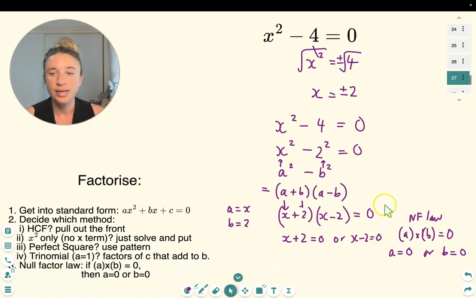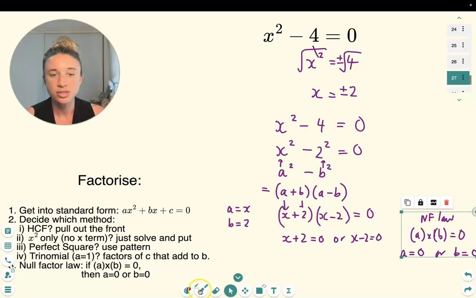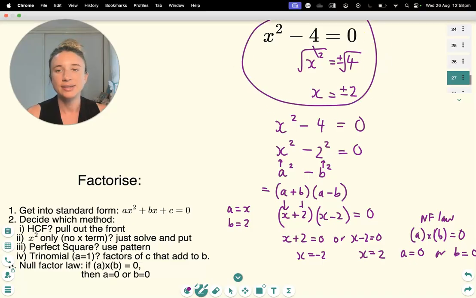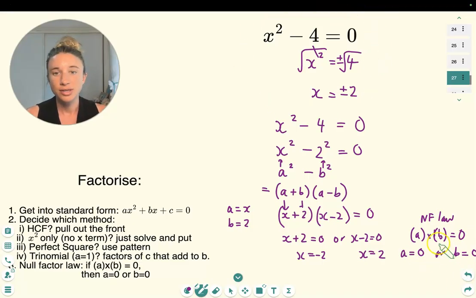And then you have to go ahead and solve those linear equations that it's been broken off into. x equals negative 2 or x equals positive 2. So obviously this way is a bit quicker, isn't it? But if you were asked to factorize using difference of 2 squares, that's what you do.